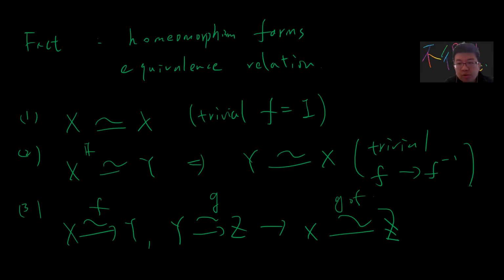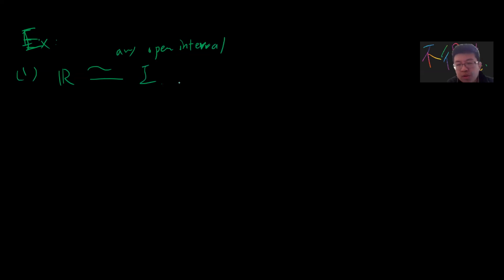Let me talk about examples. The simple example is that the real numbers are homeomorphic to any open interval. That means every open interval is homeomorphic to each other.